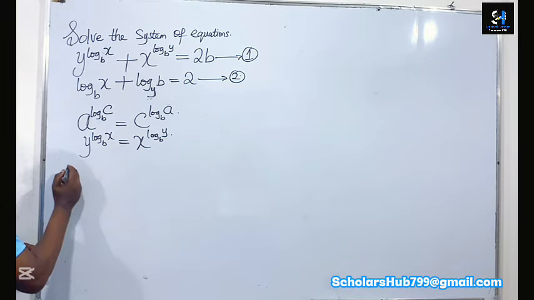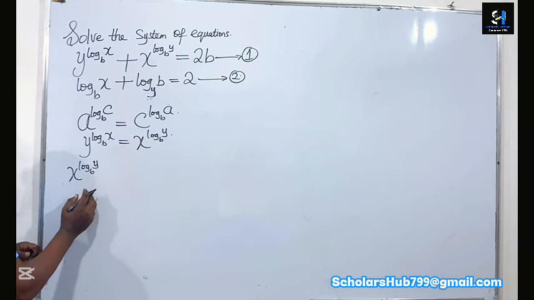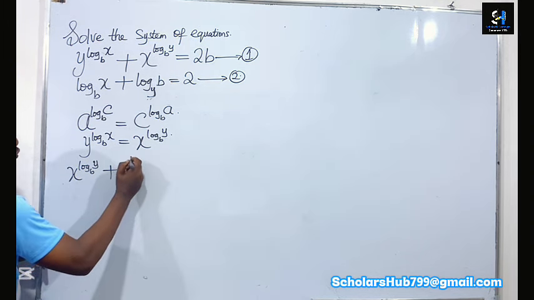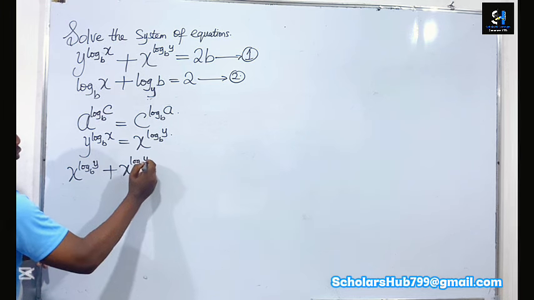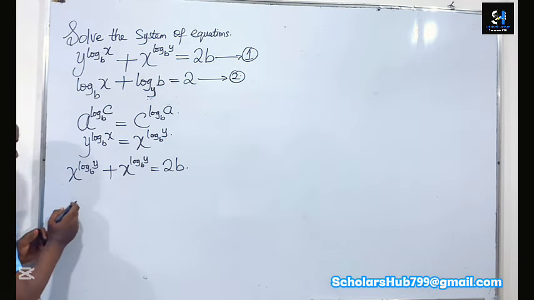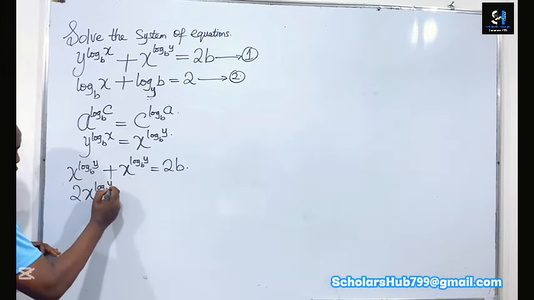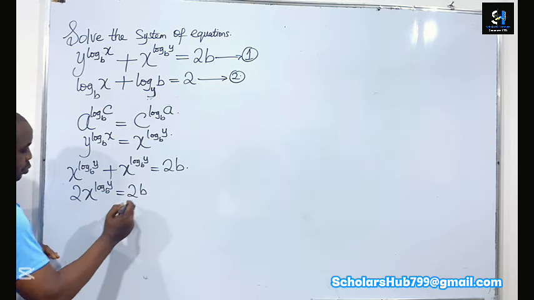Now the first equation can be x raised to the power of log base b of y plus x raised to the power of log base b of y, and this is equal to 2b. So if we add this, we're going to have 2x raised to the power of log base b of y equals 2b.